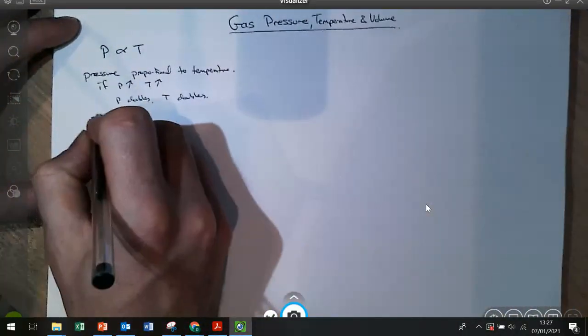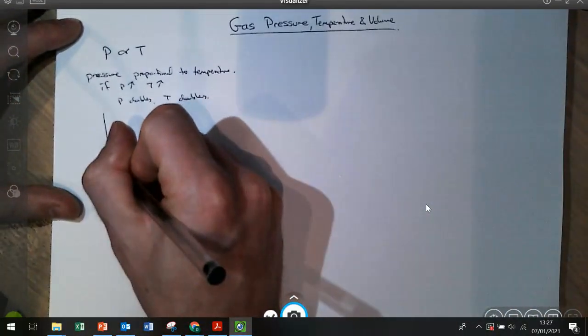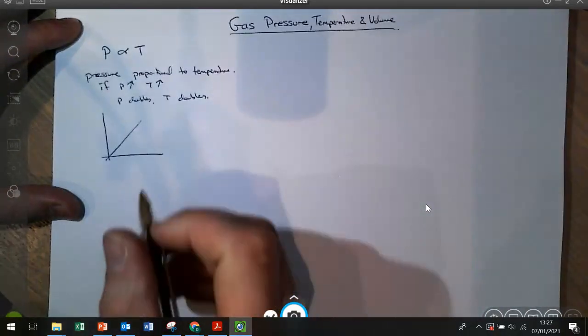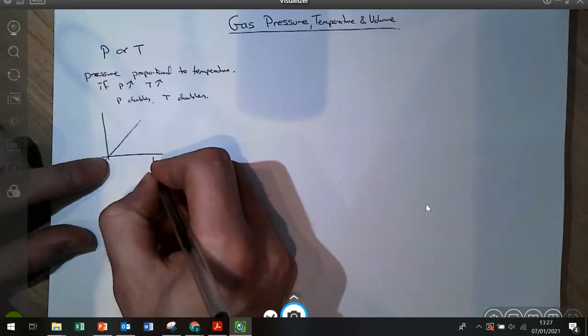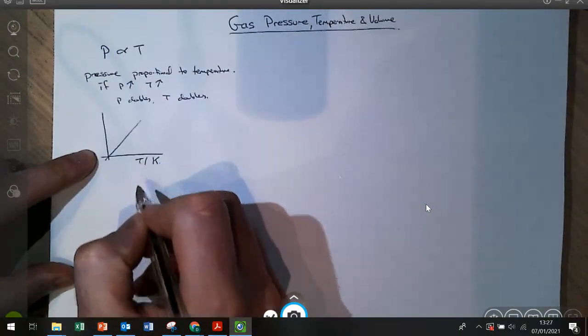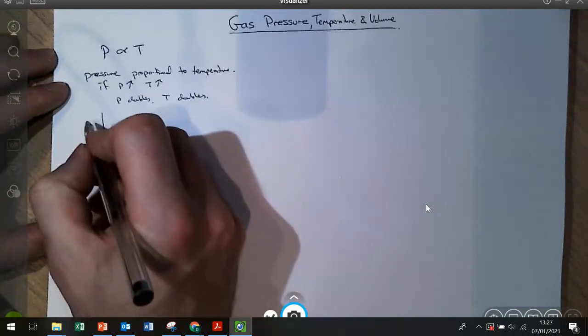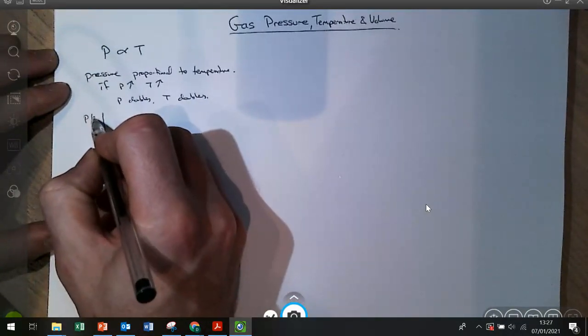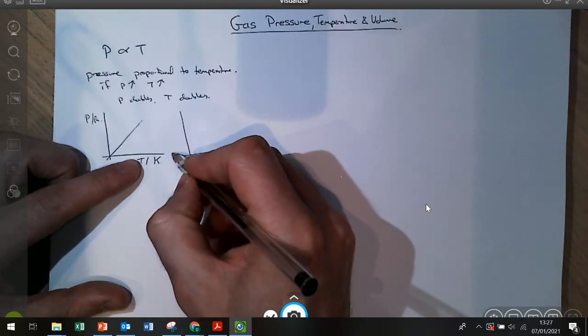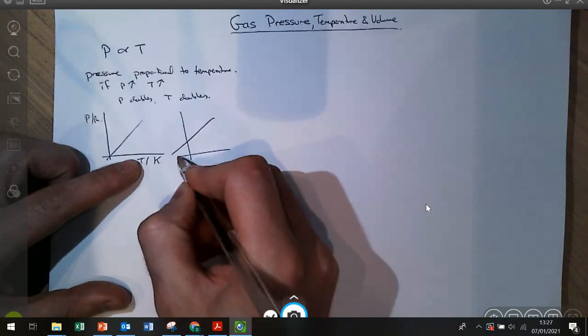Okay, we could draw this on a graph. We could show direct proportion. However, this is technically only true if we use Kelvin for the units of temperature. If we use degrees Celsius, we don't get this. If we were to use degrees Celsius, we would actually get a line that looks like this.